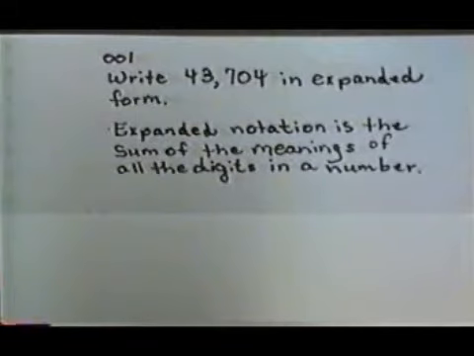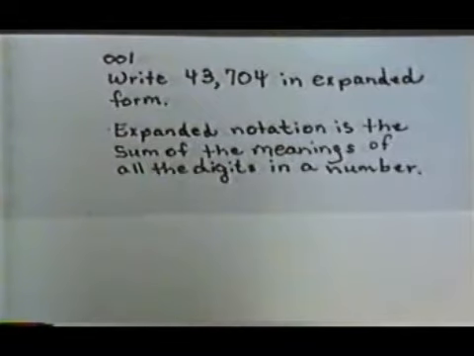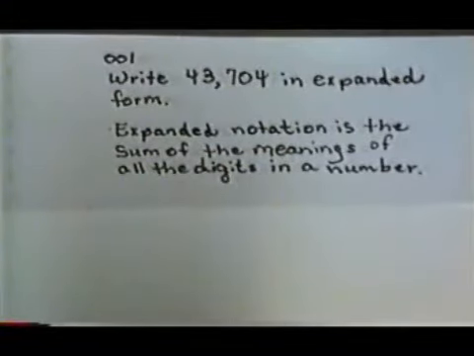Expanded notation is the sum of the meanings of all the digits in a number. So what we have to do, if we're going to write a number in expanded notation, is to take each individual digit and write what that digit means.